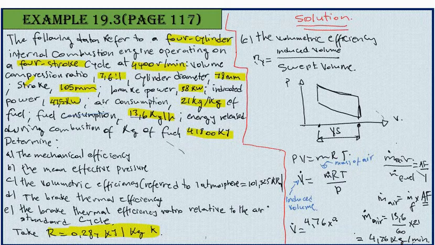R, which is 0.287 multiplied by, so I have the temperature. So that is basically the ambient temperature. So where can I see the temperature here?